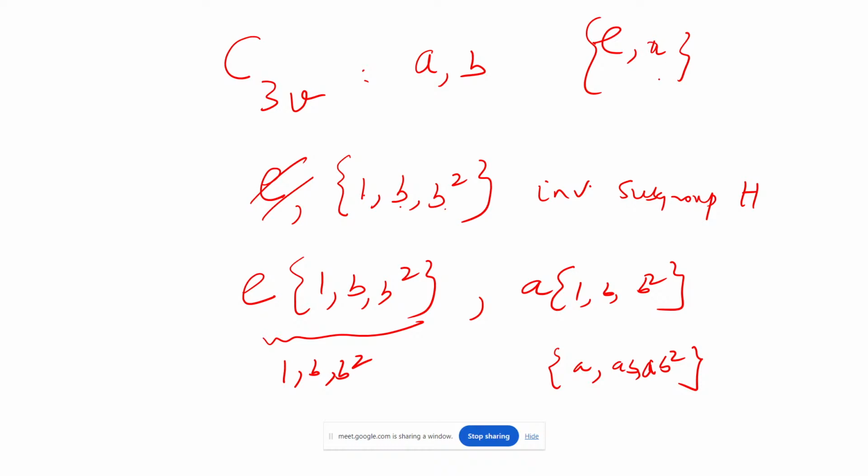What about E and AB? A squared is identity, B squared is not.